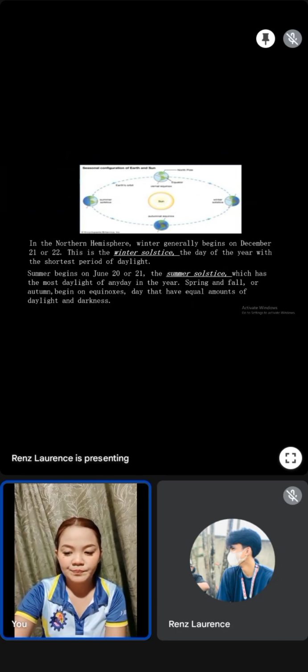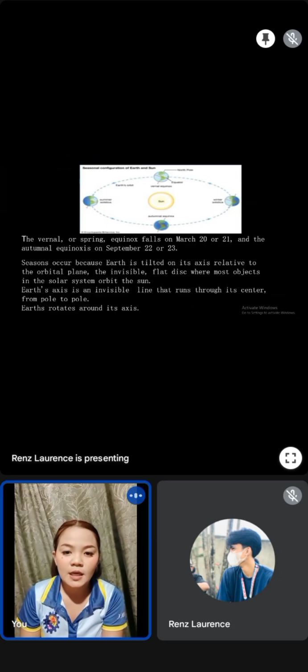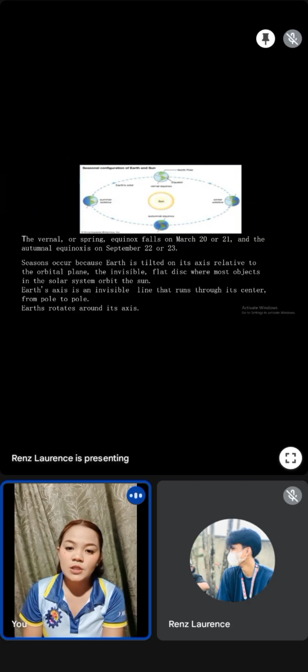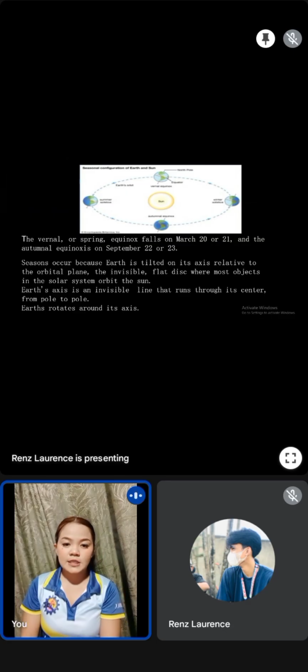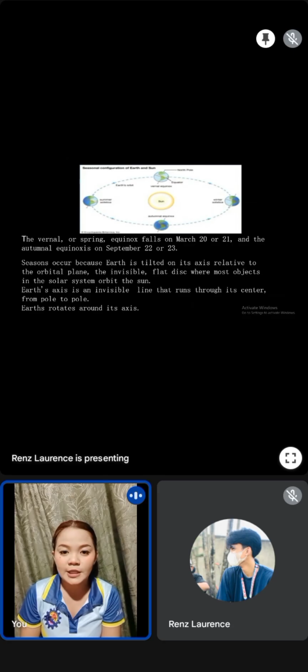So next, the vernal or spring equinox falls on March 20 or 21, and the autumnal equinox on September 22 or 23. Seasons occur because Earth is tilted on its axis. As what I've said earlier, the Earth is tilted.